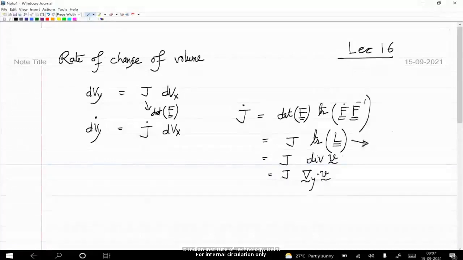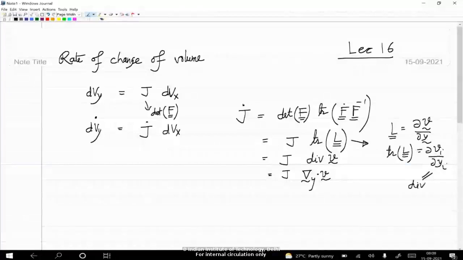So see this one for example. So L is del V over del Y, and then trace of L, if you write in component form, is simply del Vi over del Yi, right? And this is also then the divergence, no? Divergence of velocity. So that's what I wrote down here.